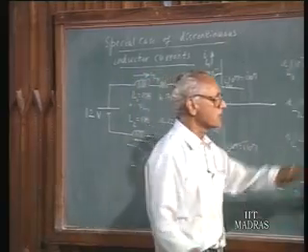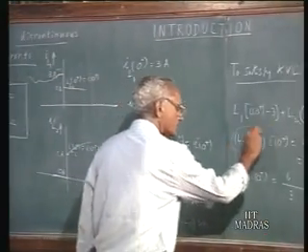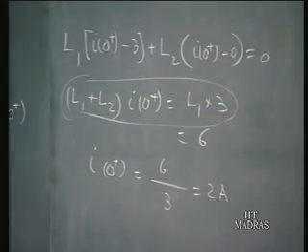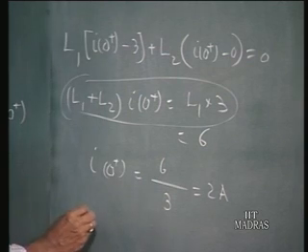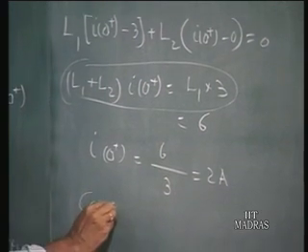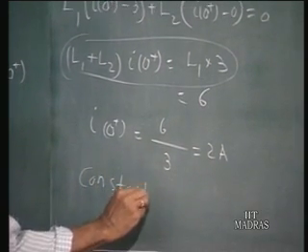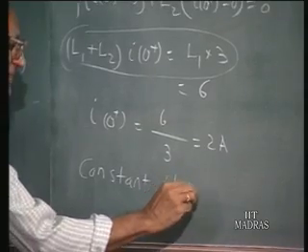Now, this particular equation that we have here is the one that fixes the new value of the current, and this is usually referred to as the constant flux linkage theorem, or constant flux linkage principle.